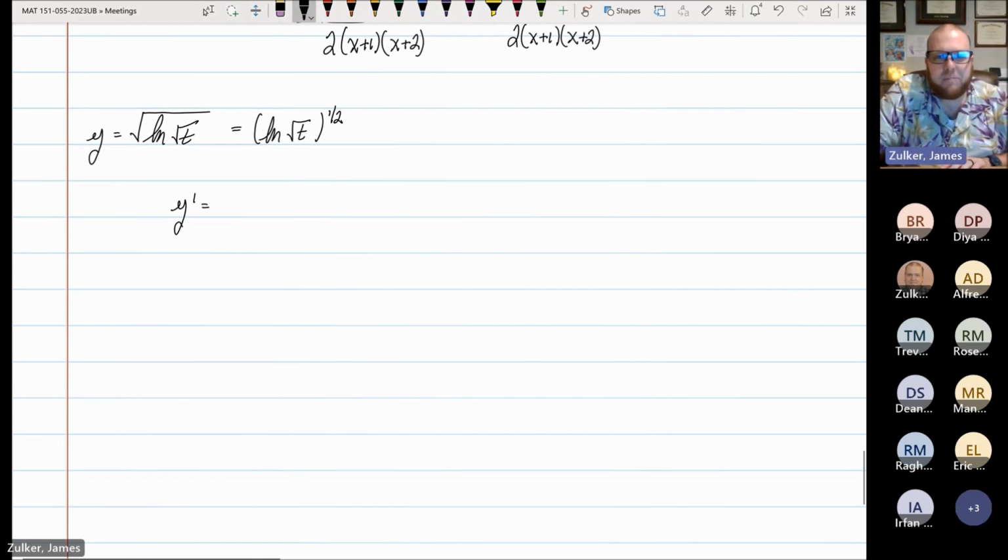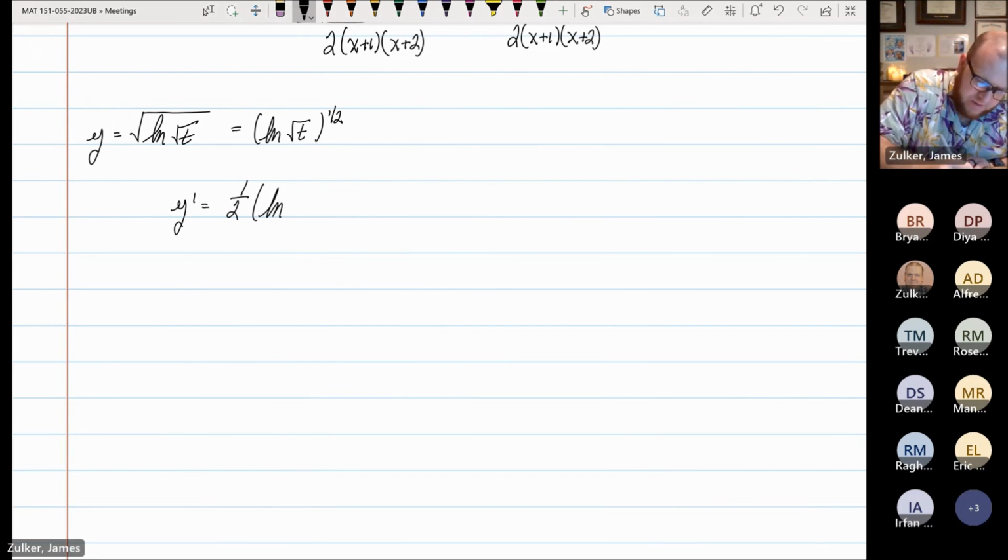It's a general power rule, right? Now it's times the derivative of that inside function.